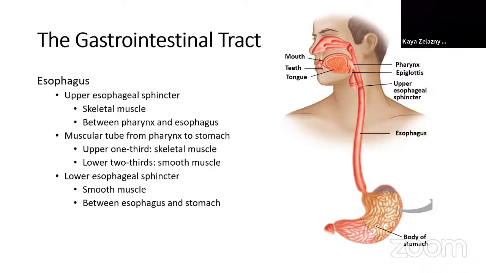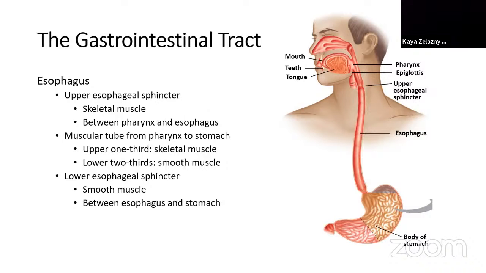Then the lower two-thirds of that esophagus are going to be made up of smooth muscle. If you think about it, the lower two-thirds of your esophagus is the part traveling behind your trachea, behind your lungs, through your thorax. That part you're not controlling, right? At least I'm trying. I don't think I can. You shouldn't be able to because it's made up of smooth muscle.